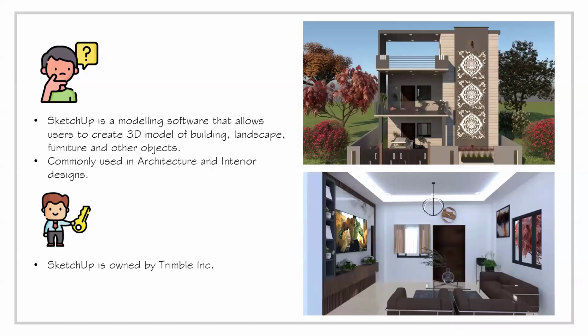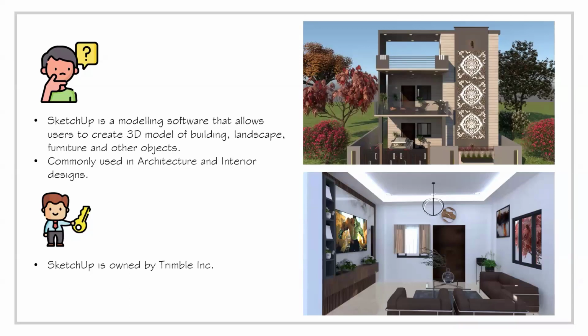Let's see what SketchUp is. I think it is a 3D software where we can visualize our thoughts and keep our ideas in their original form, like in a 3D form.